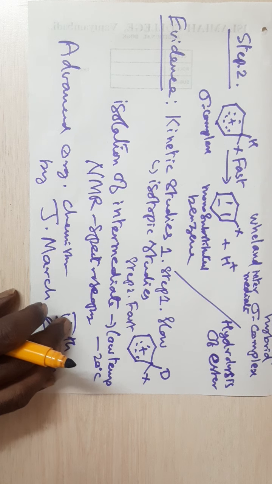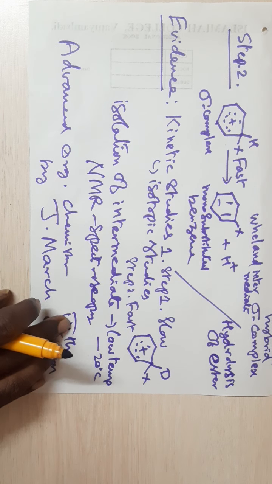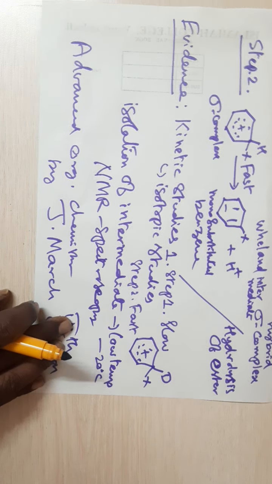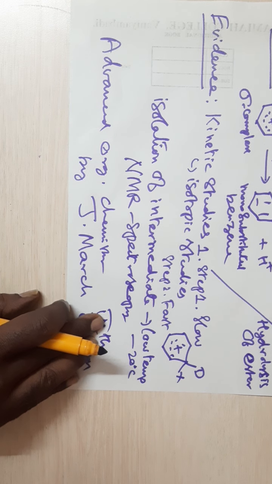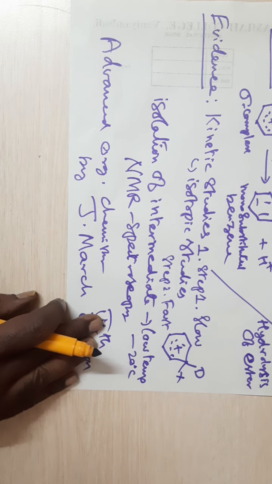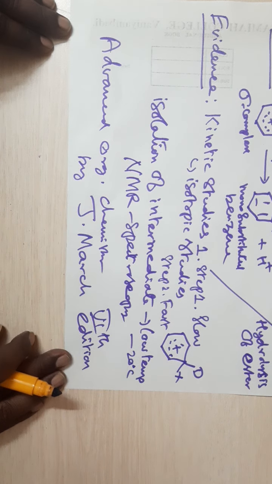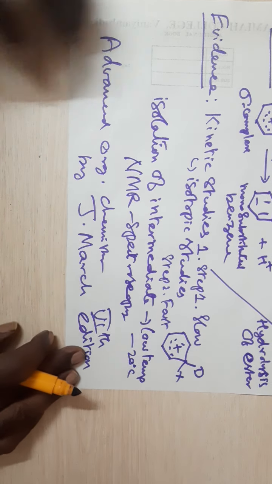So that indicates the second step is the fast step and the first one is the slow step. Another evidence is from the isolation of the intermediate. If you isolate the intermediate, you can study it structurally, and from this we are able to confirm the structure of the sigma complex or arenium ion.